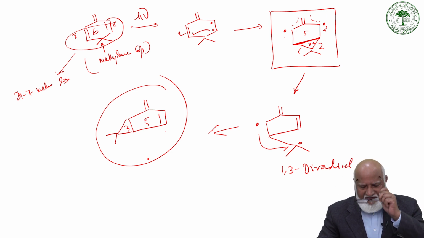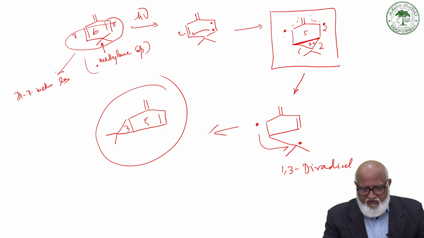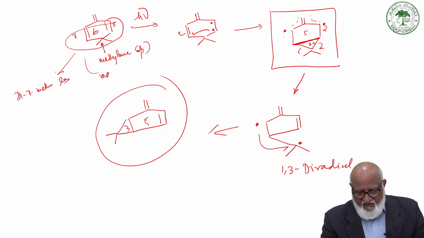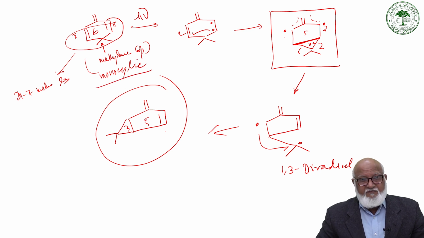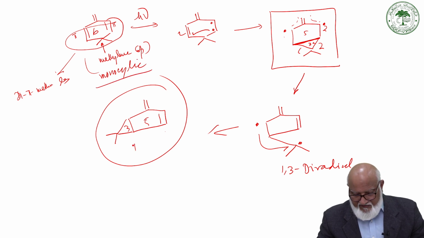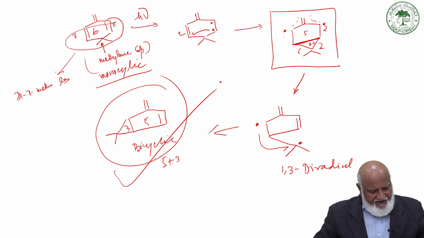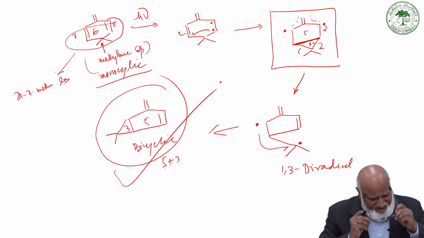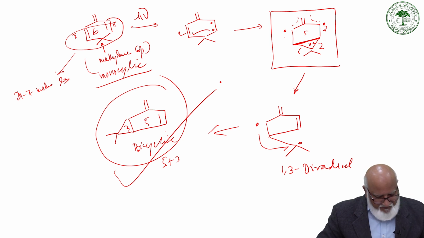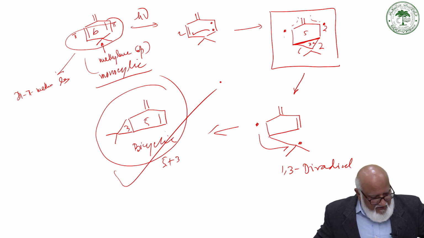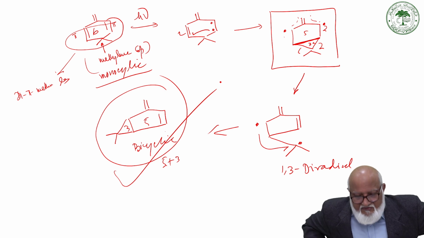So this is very interesting, because again from a monocyclic 6-membered system, we are going to end up with a bicyclic 5 plus 3 product, nicely set for rearrangement, and hence it is a very interesting rearrangement. So this is all for today, and we'll continue this soon. Thank you very much.